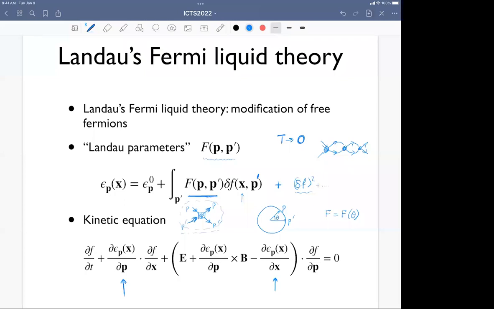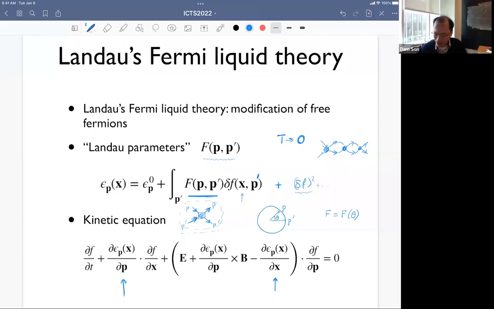But this is the theory that describes the low energy dynamics of interacting fermions. The assumption here is that both momenta have to be smaller than the Fermi momentum and omega much less than epsilon_F.